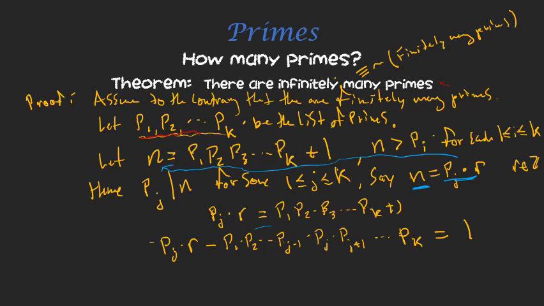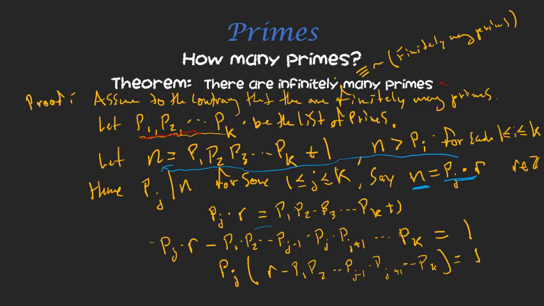Just subtracting that over. And now I can factor out a p_j here. So this is p_j times r minus p1, p2 up through p_{j-1} times p_{j+1} up through p_k, and that's equal to 1.